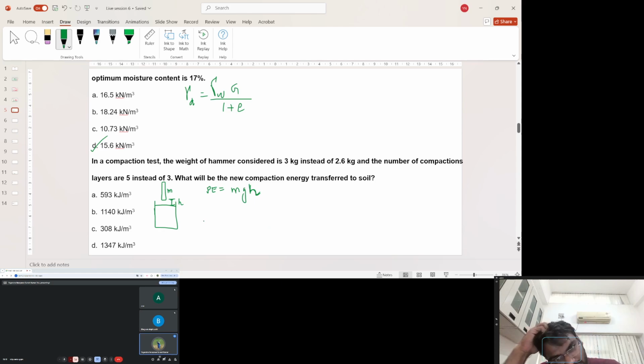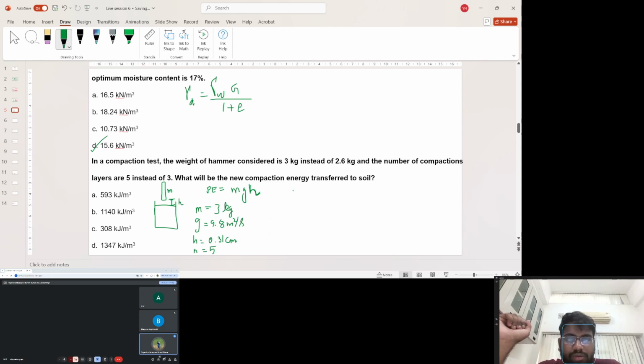So the alterations from the standard Proctor test are: the hammer weight m is 3 kg, g is 9.81, say 9.8 meters per second squared, h will be 31 centimeters, which is 0.31 meters, and the number of layers nl is 5.